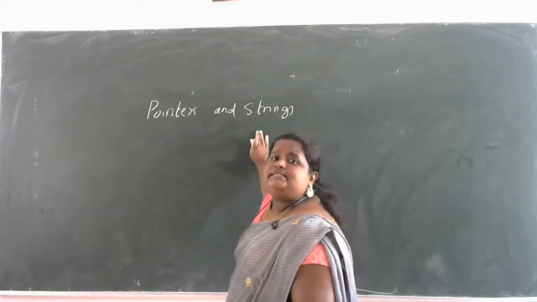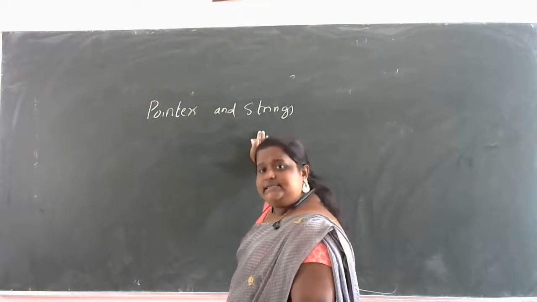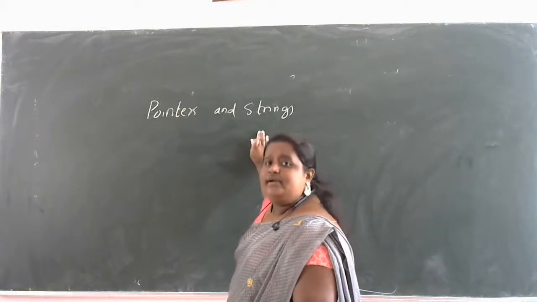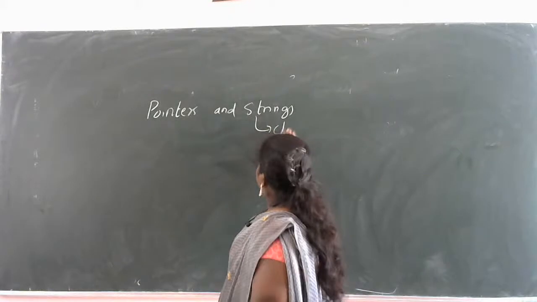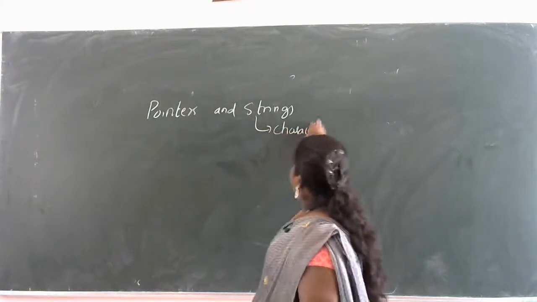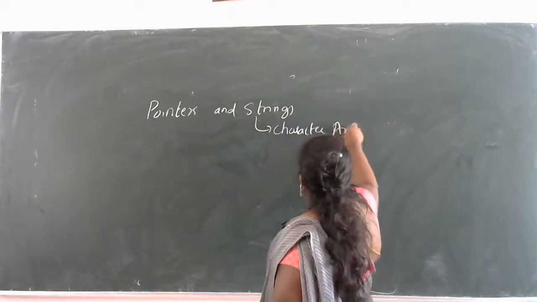String means it's an array. A string is also an array. What type of array? It's a character array, right?